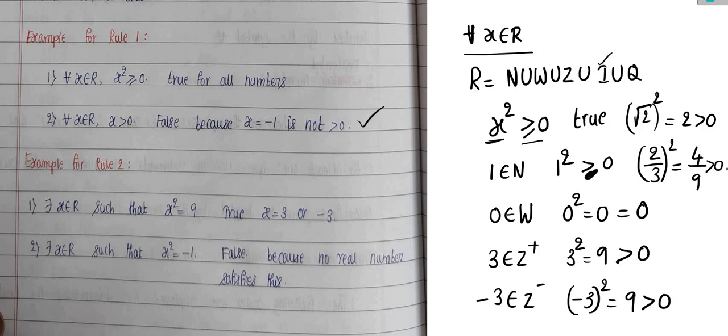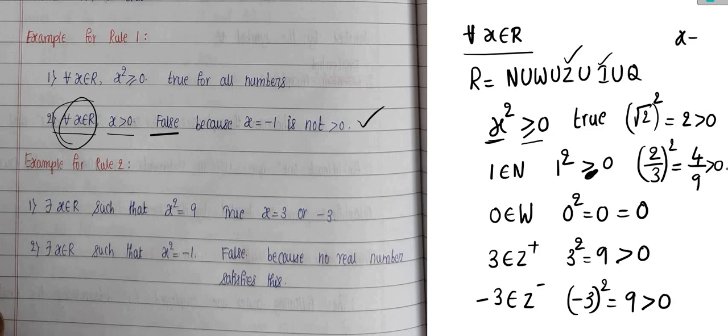So observe, here also I am taking real number system and x is greater than 0. This is false. False means if it is false at a single point is also okay. Real number system means positive integers are there, negative integers are also there.